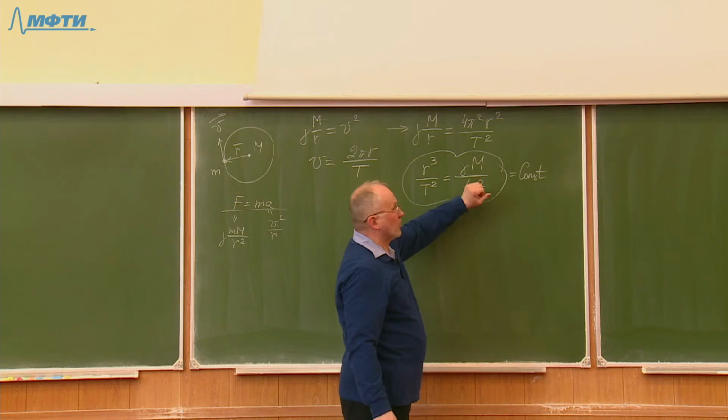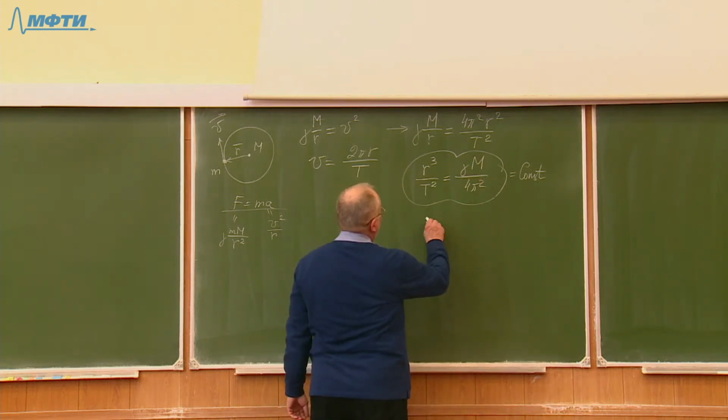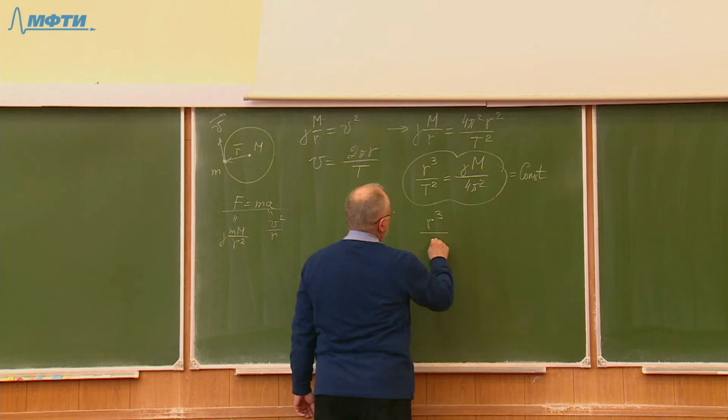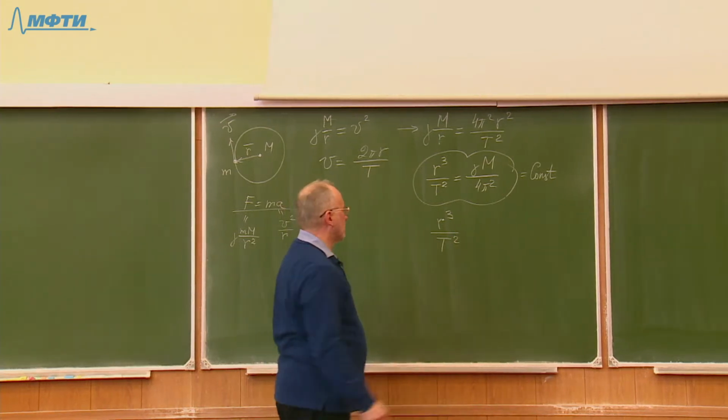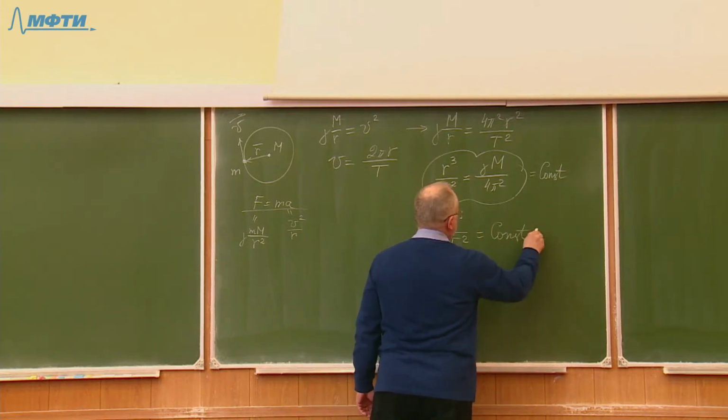It's the same number for any planet. So we obtain the third law of Kepler, which says that the cube of the orbit radius divided by the period of revolution squared is constant for all the planets in the solar system.